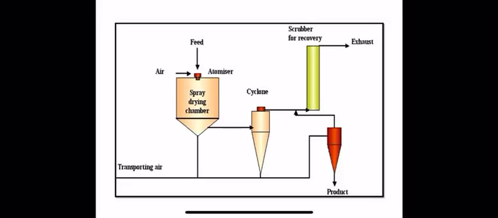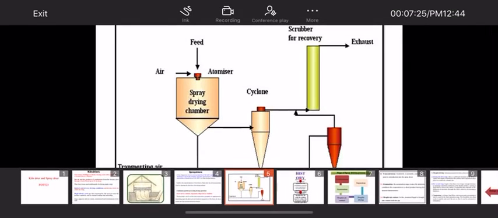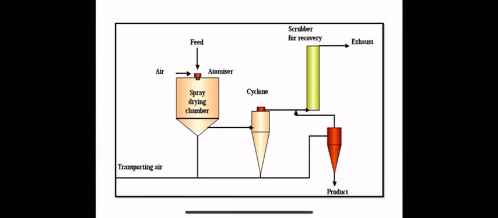And here, in the red part where air and atomizer are written, we spray the feed as well as air into the spray drying chamber. This air is hot air, and the feed flowing into the drying chamber gets in contact with it, and as a result they dry.